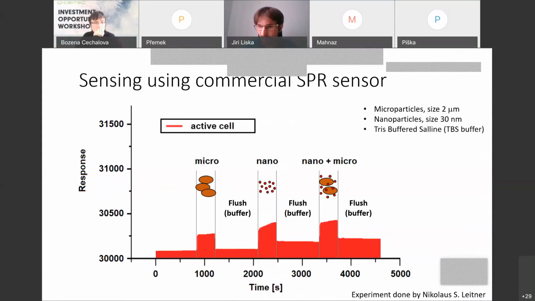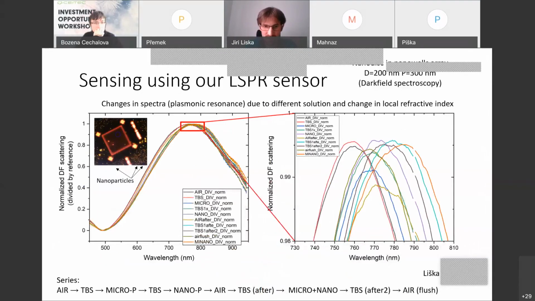We can use a commercial SPR sensor and put the microparticles, nanoparticles, or their mixture in the solution, and you can see a nice response. In our case, the nanowell platform is more complicated because we have to measure very small light changes, color changes, and we need spectroscopy. For example, the nanoparticles are here, the small dots.